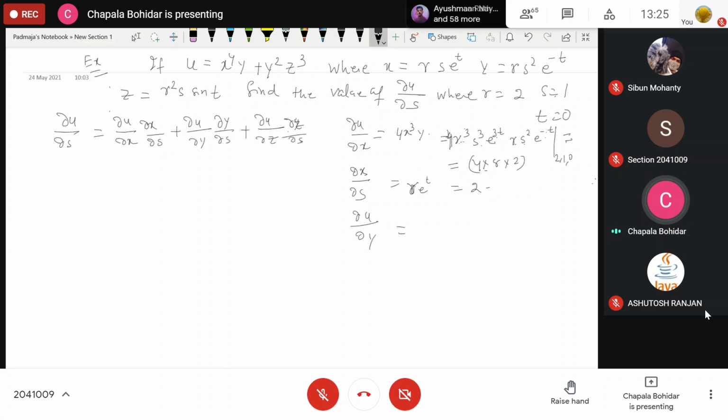X to the power 4 plus 2 y z. So by substituting these values, we get r to the power 4, s to the power 4, e to the power 4t, plus 2 into r square e to the power minus t.